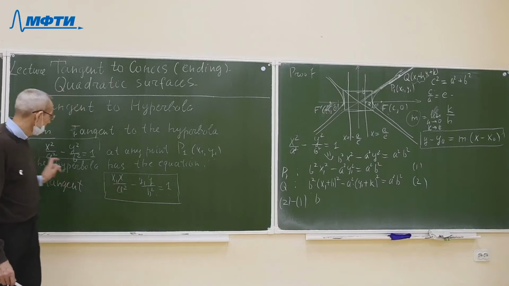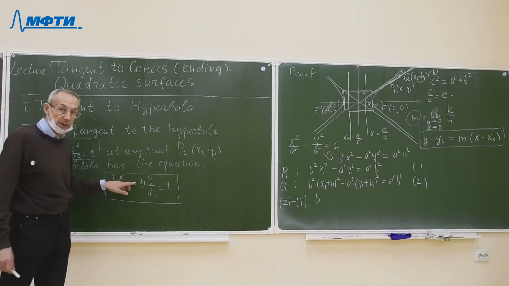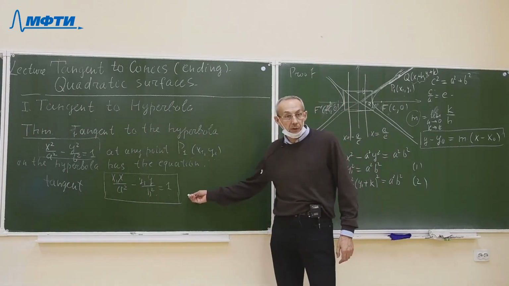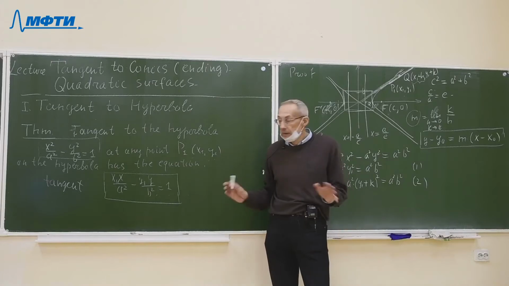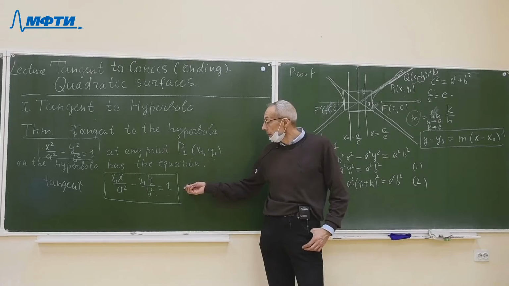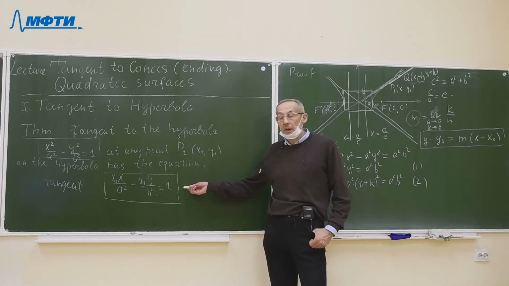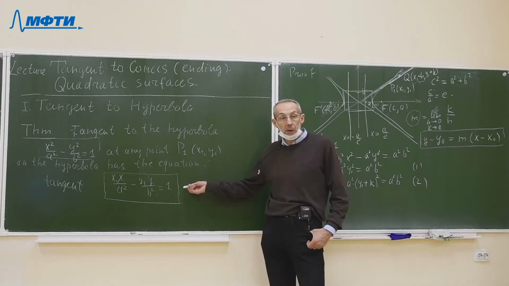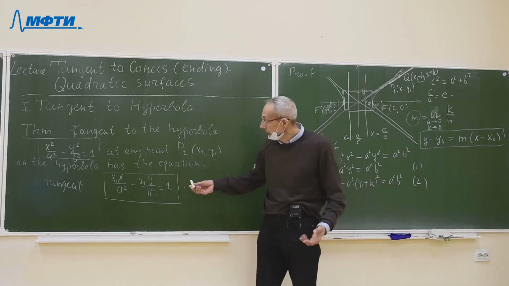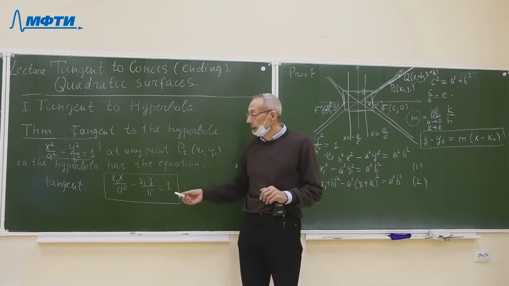And in such a way, we obtain the equation of the tangent to the hyperbola. It has the same form as in the case of the ellipse and parabola, and we have the same form for the tangent to any conics.